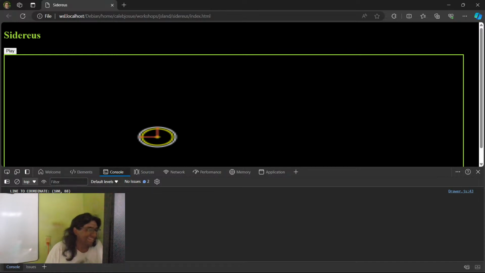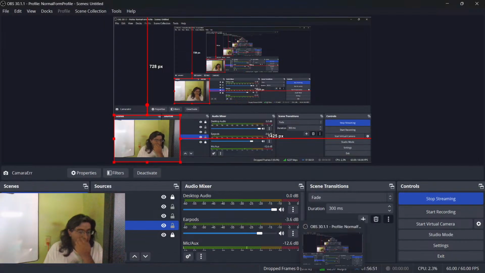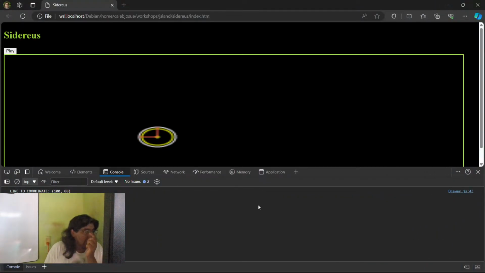This is amazing. Can you believe this? This 90 degrees angle is 100 because it is in this same coordinate, 88.